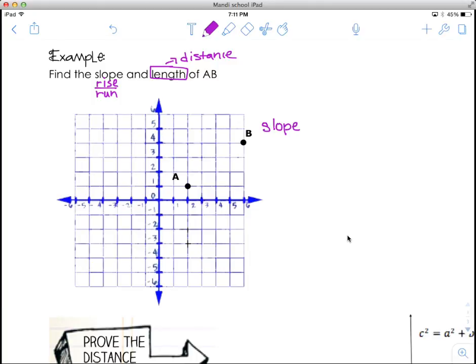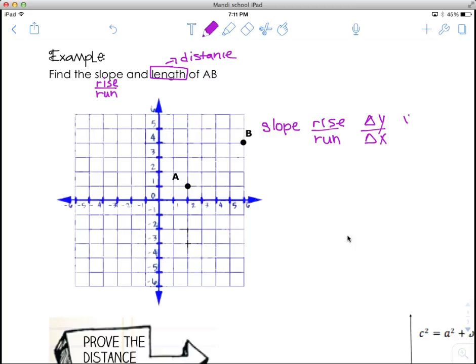Slope is rise over run, like we wrote down before, or some people say change in y over change in x. The little triangle is actually the Greek letter delta, and it means change.